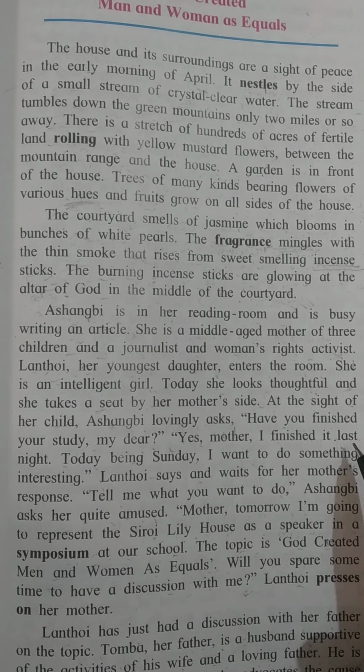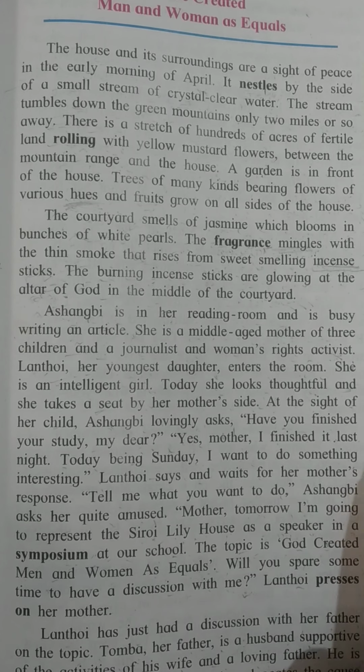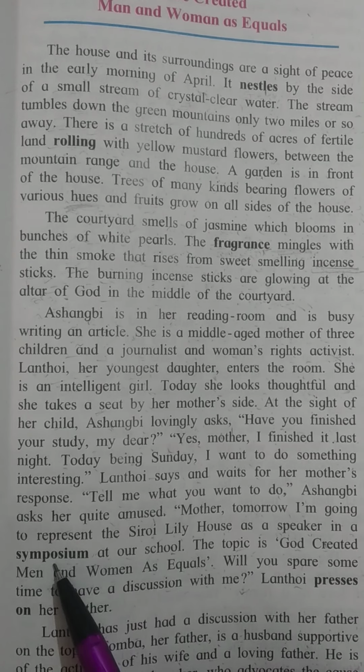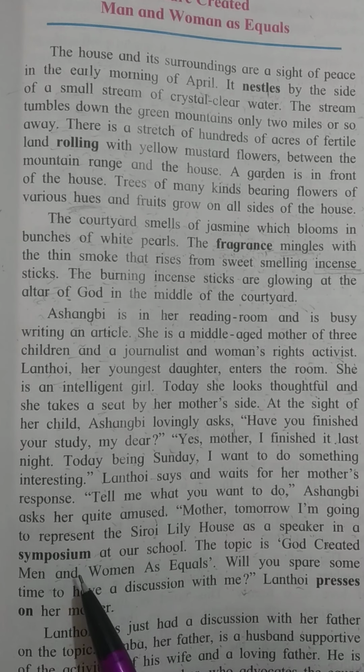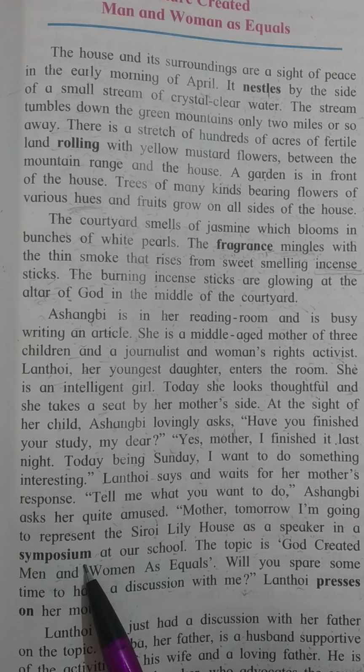We see that she is a very accomplished woman, and we see her daughter Lanthoi is also an intelligent girl, and she has been given a chance to be a part of the discussion of a symposium. Symposium means what here? A meeting or a conference at which experts have a discussion on a particular subject or topic.